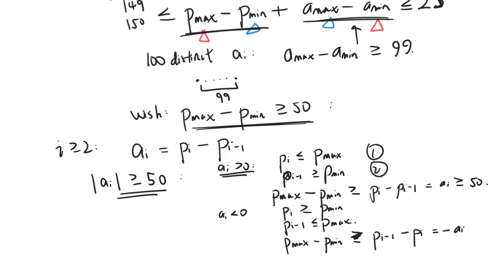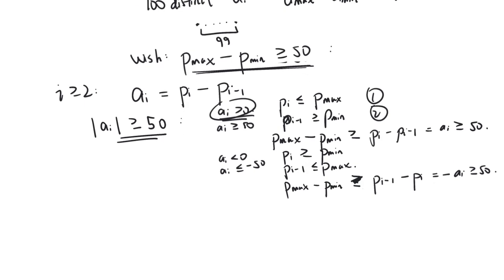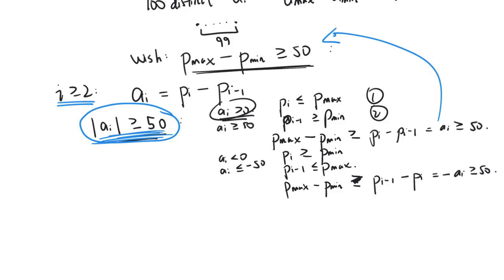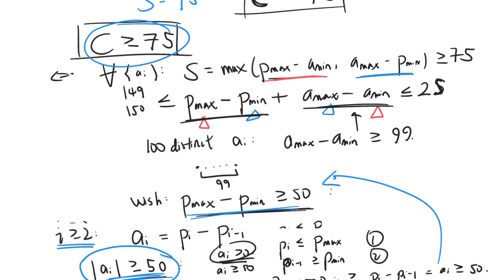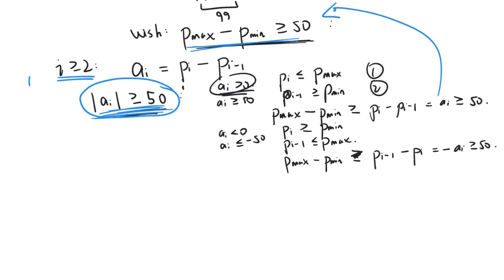Since AI is less than or equal to -50, negative AI is still greater or equal to 50. It's the exact same reasoning. So we basically just showed that whenever we have any element with I greater or equal to 2 that has absolute value at least 50, we have the desired property of P max minus P min being at least 50, which would later satisfy our overall inequality. So that is case one, pretty automatically.